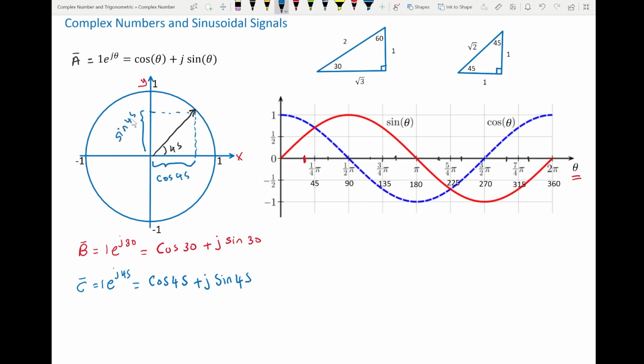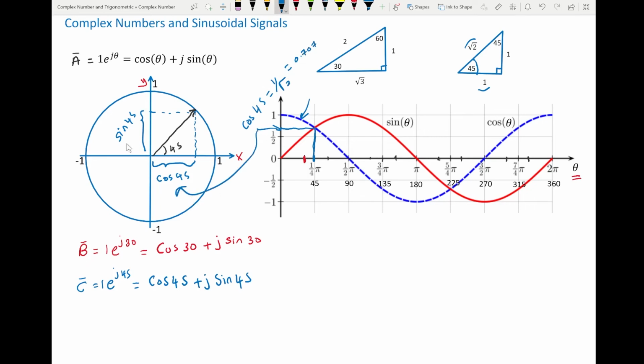If I go in the waveform, 45 is here. So the value of the cosine function at this angle is this. So this is cosine 45. And that cosine 45 is 1 divided by the square root of 2. And this is 0.707. So this is this value.